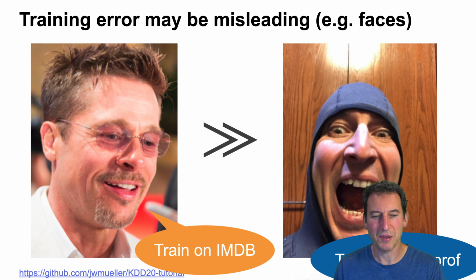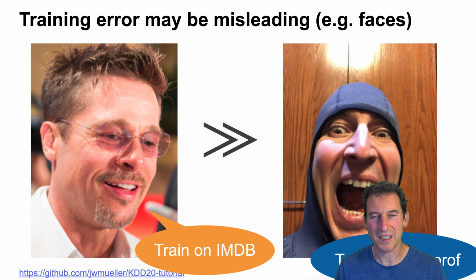For instance, if you look at image classifiers, face recognition that are trained on IMDb, but then you want to test on a weird professor, well, this is yours truly, obviously, then you would expect that the error on the test set may be a lot bigger.